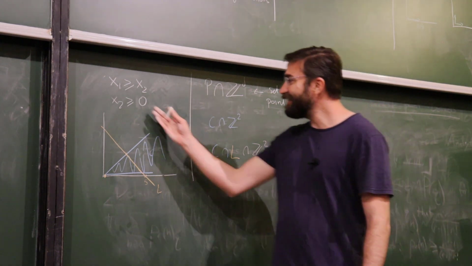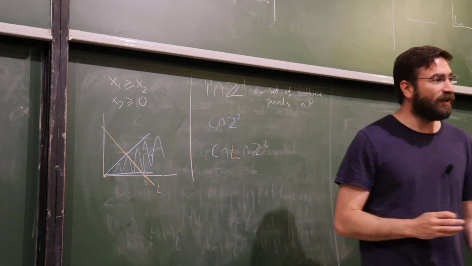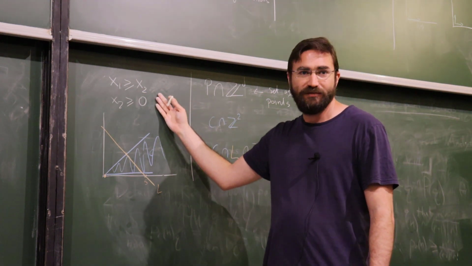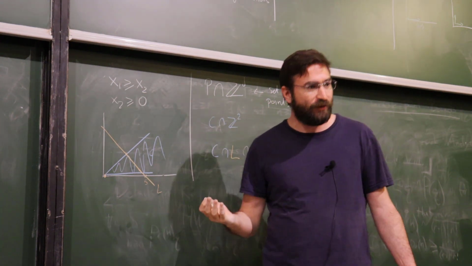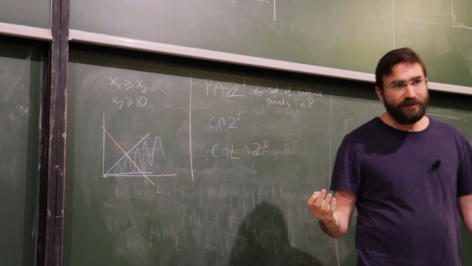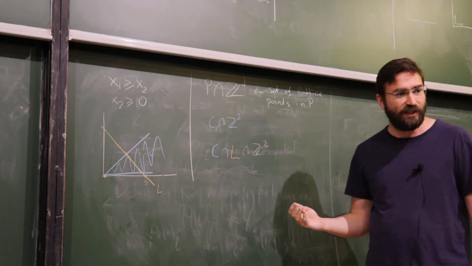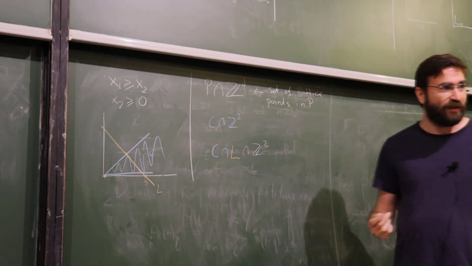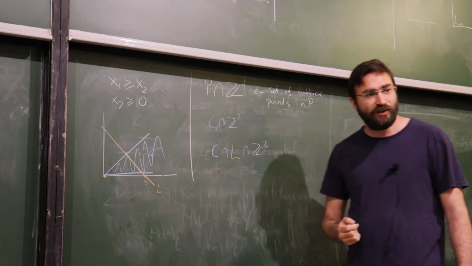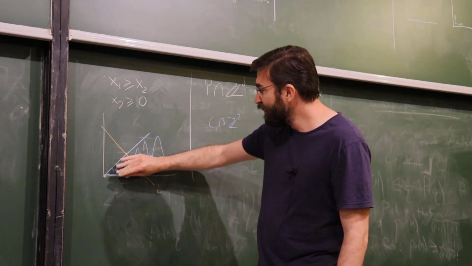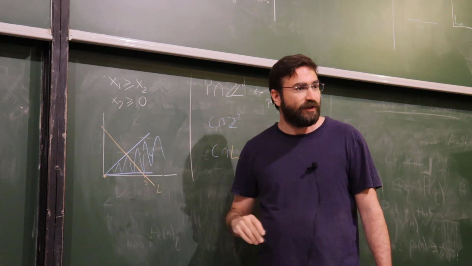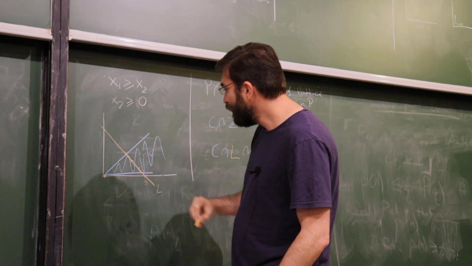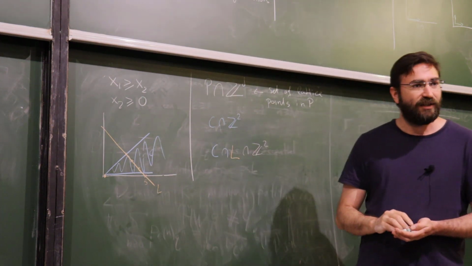So this is just partitions in two parts, by definition. The only restriction I have when I have two parts is that the first part must be larger or equal to the second, and the second must be greater or equal than 0. So they are all positive. So these are partitions in two parts. The lattice points in here are partitions in two parts. And the lattice points in there are partitions of 5 into two parts.